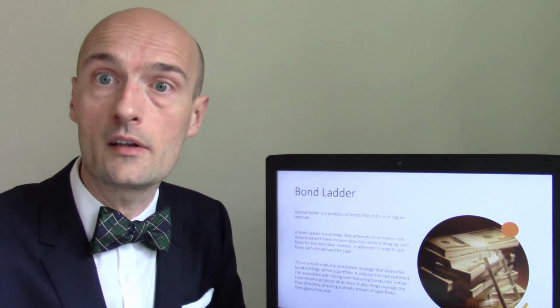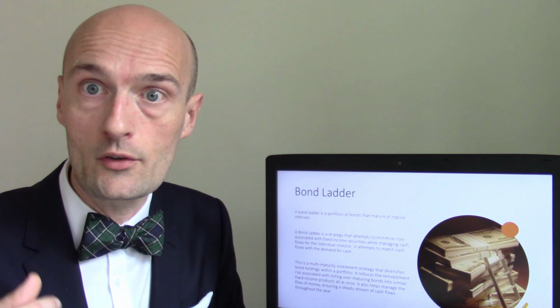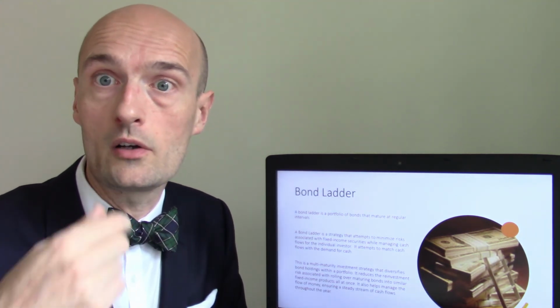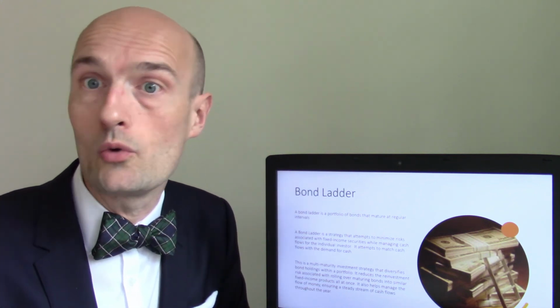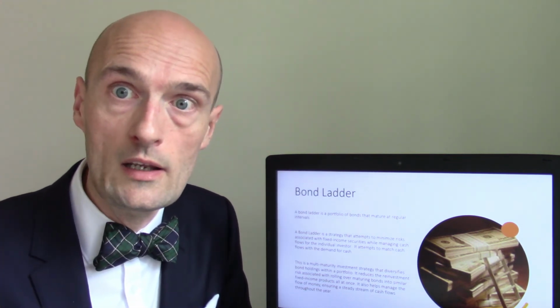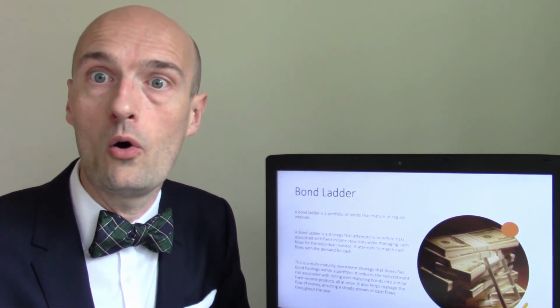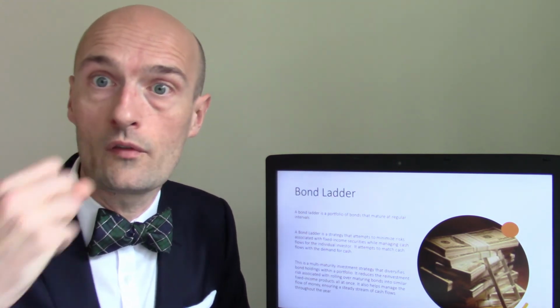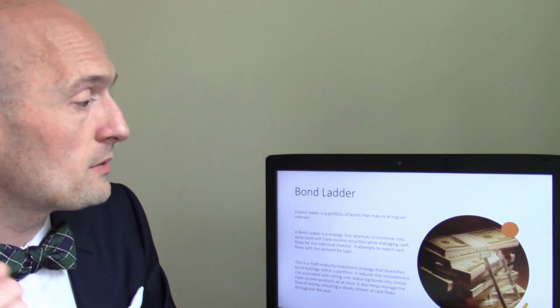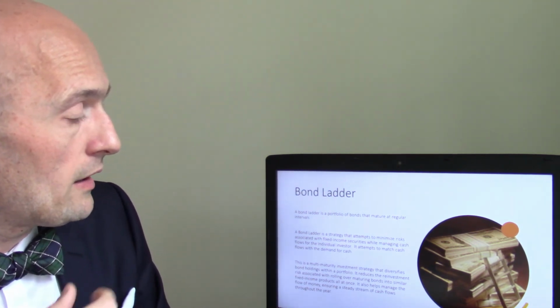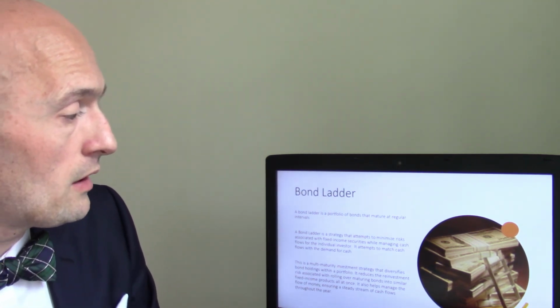And that just means that if you've bought this ladder of bonds with different expirations, there'll always be something expiring soon, and you can use that for cash if you need cash at that point in time, or if you don't, you can reinvest it in this longer term way. So it's a multi-maturity investment strategy that diversifies bond holdings within a portfolio.